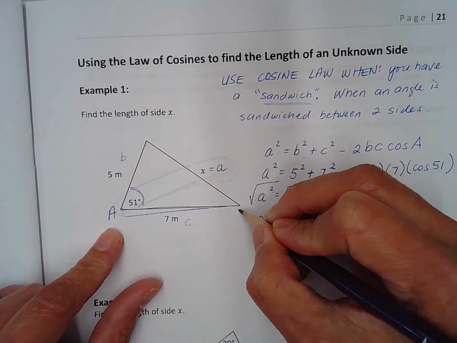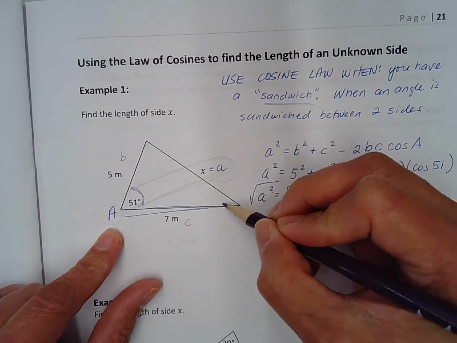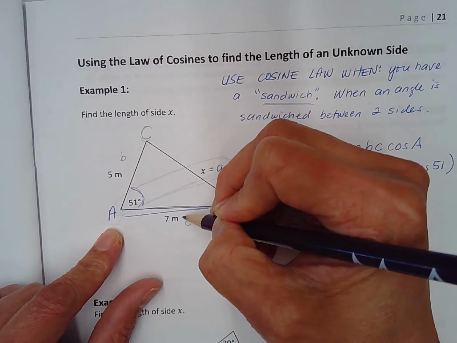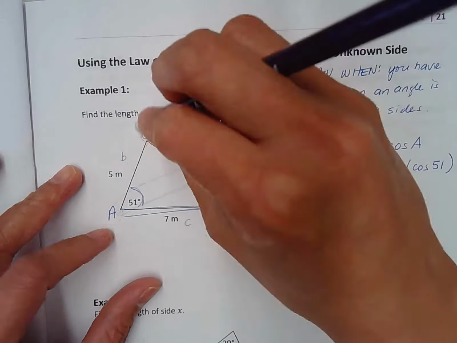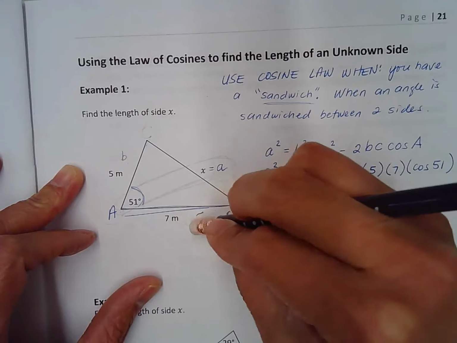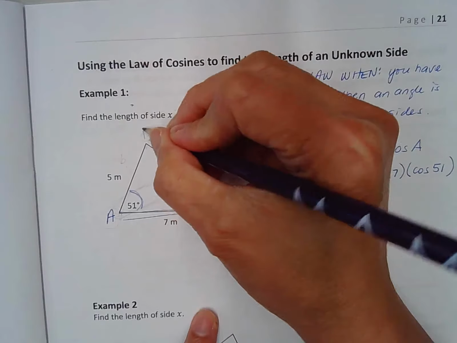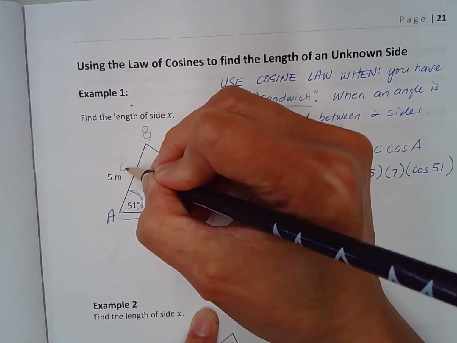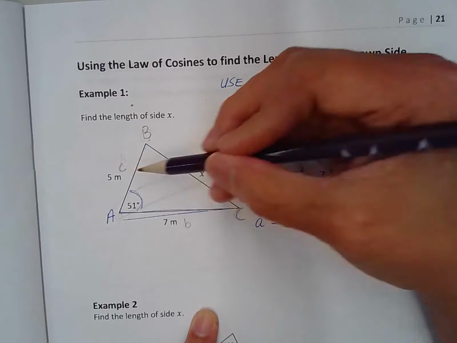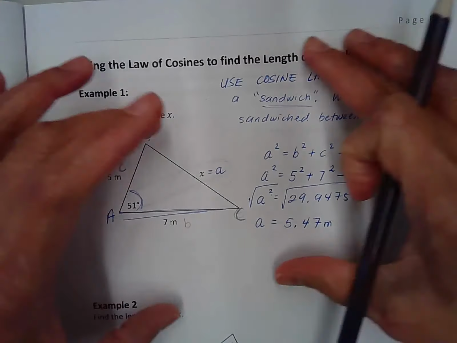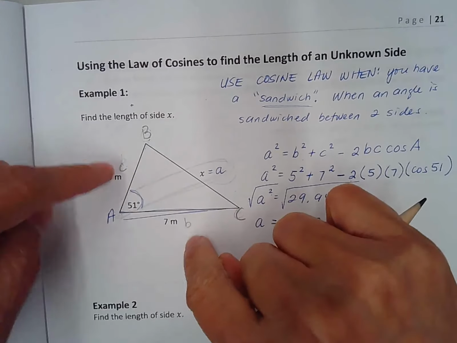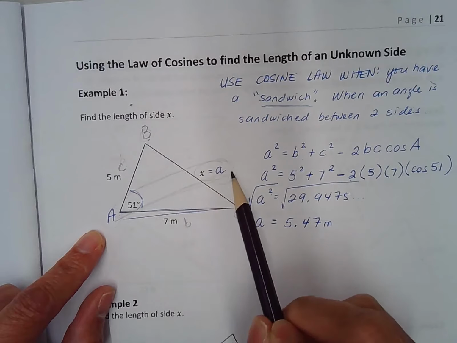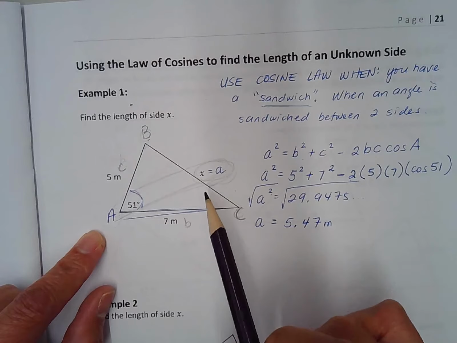Because I can call this angle B, that makes this side B, or I can call this angle C, that makes it side C. Now, if I switch it around and call this my angle B and this my angle C, then this is my side B and this is my side C. So in this particular case, when you're using the cosine law, you can interchange these two and it wouldn't change your answer, because the opposite for angle A must be A.